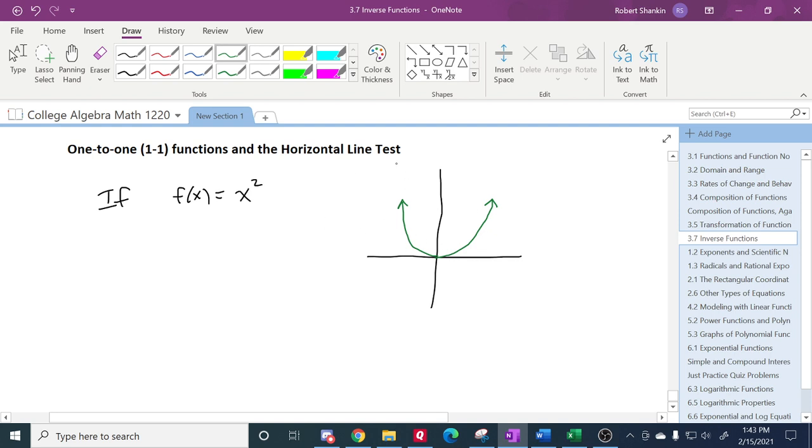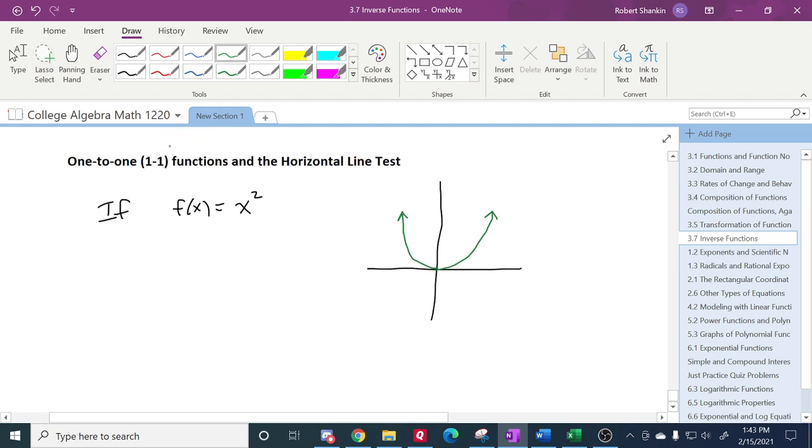Now, it can still be a function but not pass the horizontal line test. Now, if it passes the horizontal line test, though, then we call it a one-to-one function. Okay? So one-to-one functions pass this test.